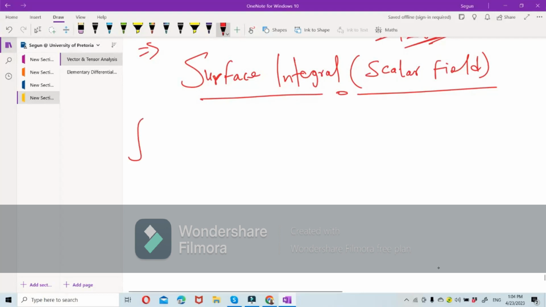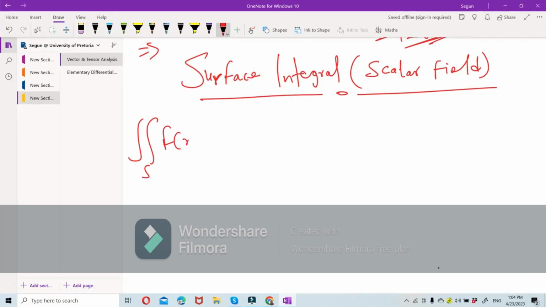Okay. Yes, sir. We have the integral of f of x, y, and z dS, which is defined on the region. That's why we change it to the region, f of x, y, z.